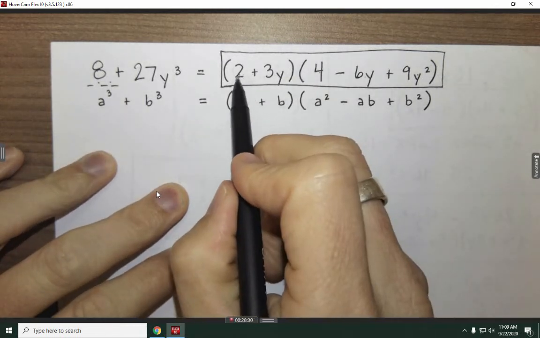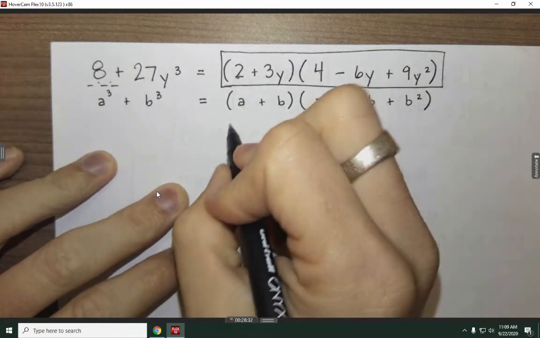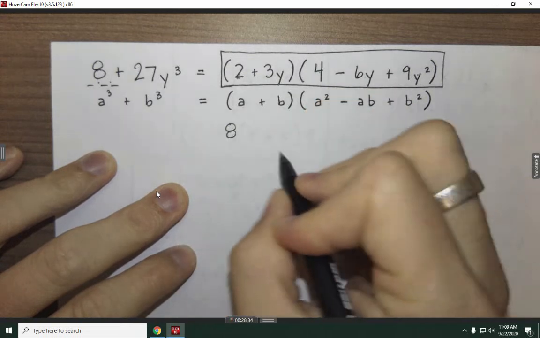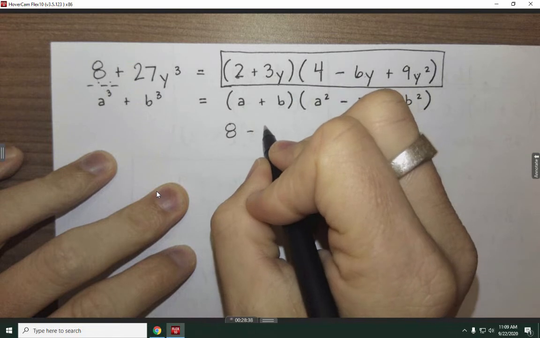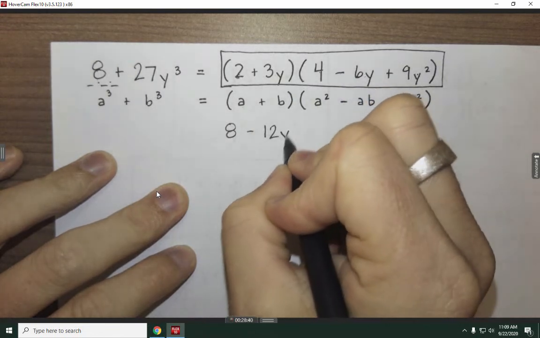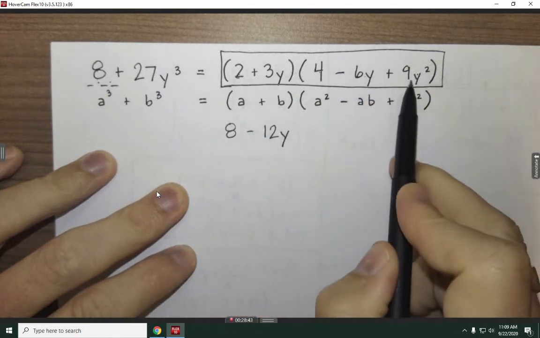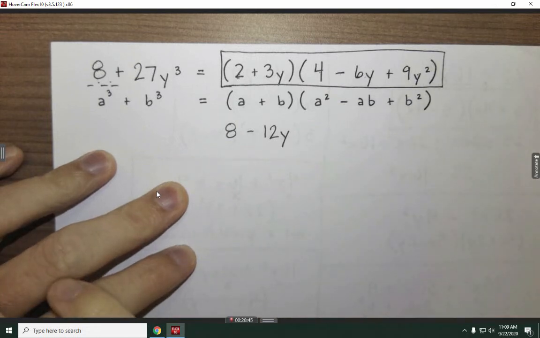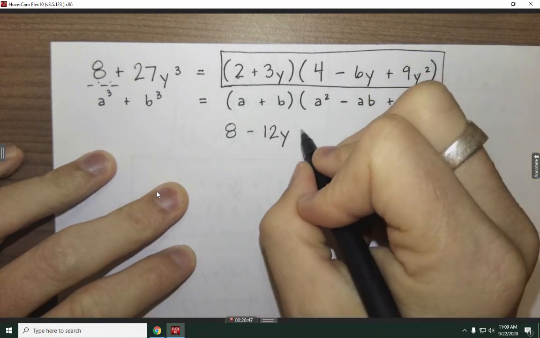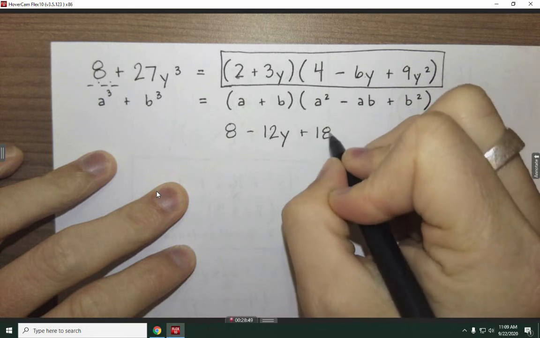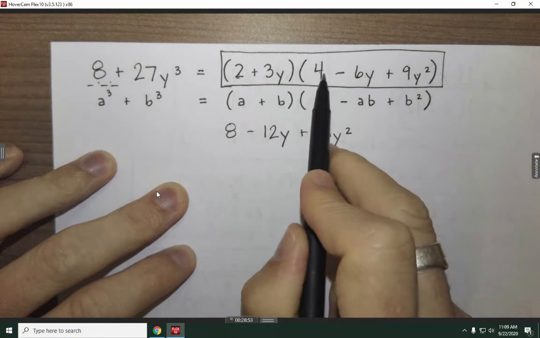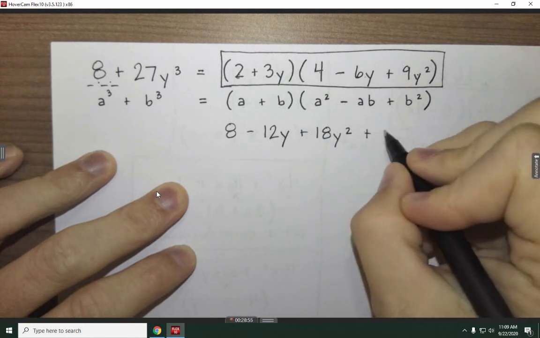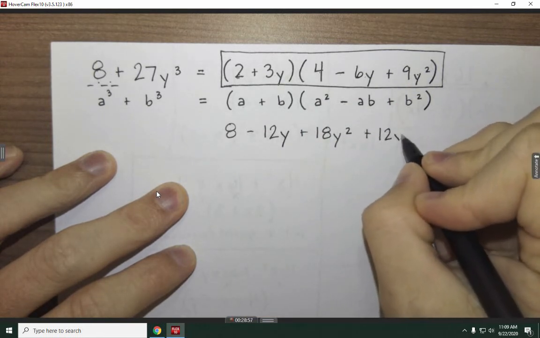So let's do this. 2 times 4 is 8. And then 2 times negative 6y is negative 12y. We do 2 times 9y squared, that's going to be 18y squared. Then we do 3y times 4, that's going to be a plus 12y.